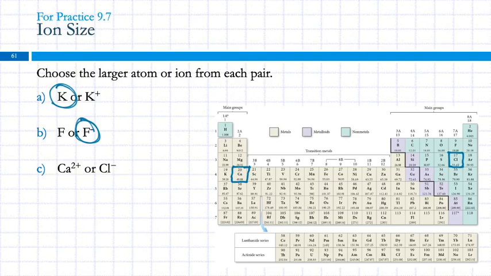But then you have to recognize these both have the same number of electrons as argon. So then I'm looking at who has more positive charge in the nucleus. Well, the calcium does. It's 20 protons versus 17. So the calcium's going to be smaller because they get pulled in tighter, and the chloride's going to be larger.